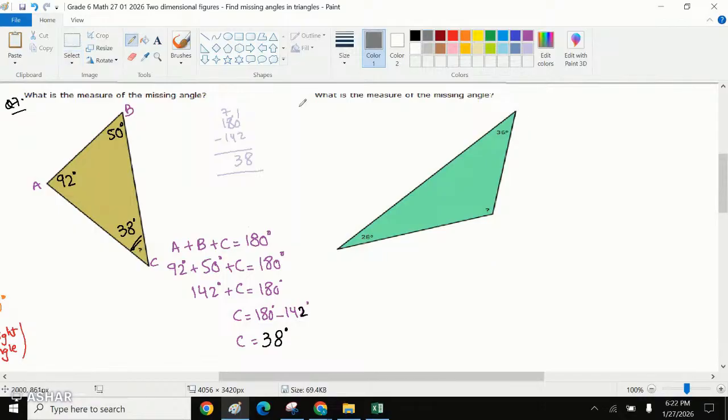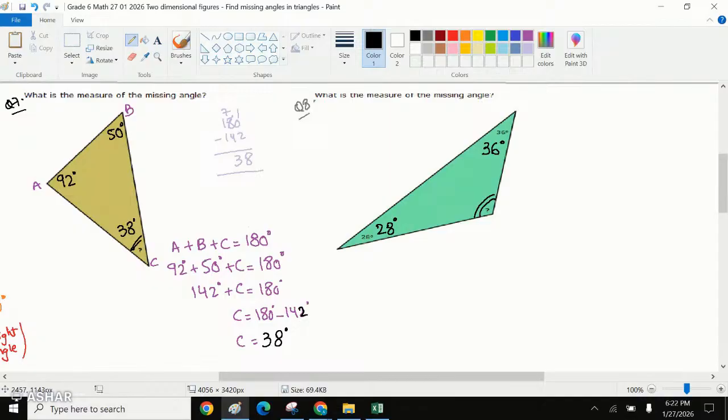This is our question number 8, and the angles given are 28 and 36. And this is our missing angle. Okay. Yes, thank you. 38 was the correct answer.